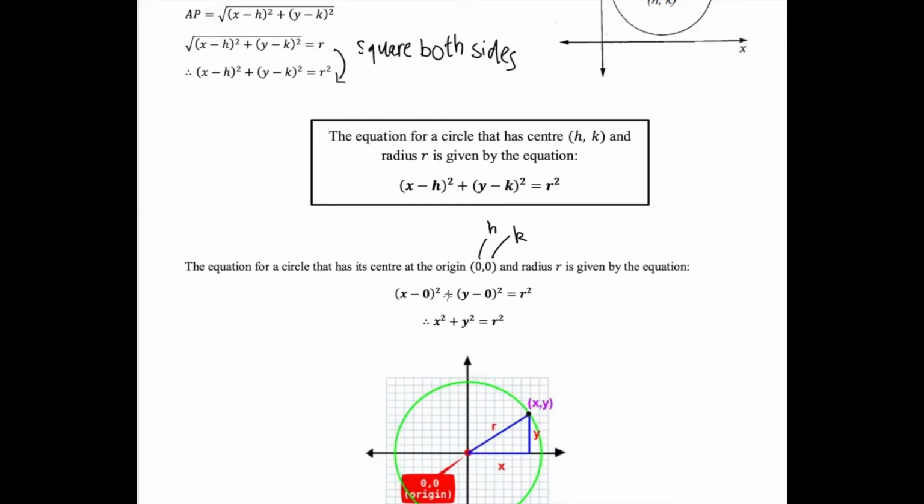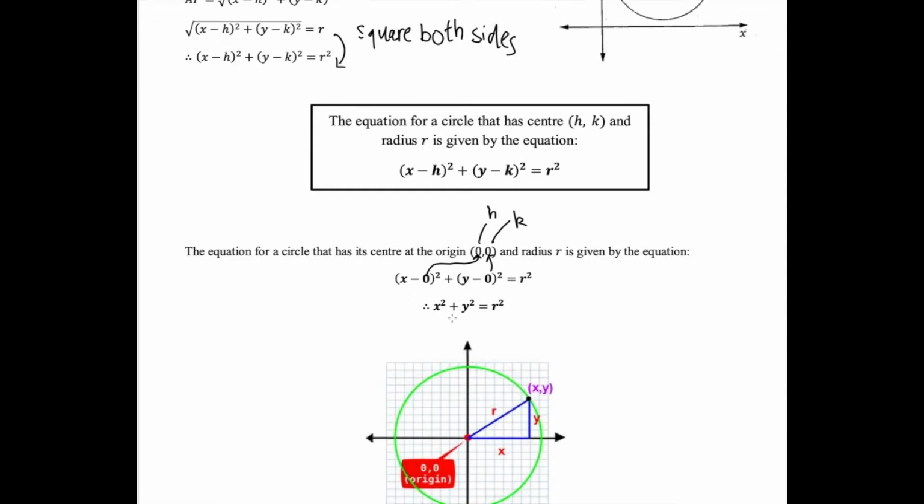So X minus 0 squared. So this 0 is referring to this 0 here, and this 0 is referring to the 0 there, right? So X minus 0 squared plus Y minus 0 squared is equal to R squared. We've used this formula. And if we simplify this, X minus 0, well, that's just X. So X squared plus Y squared gives you R squared. And that's the equation of a circle with radius of R, okay?